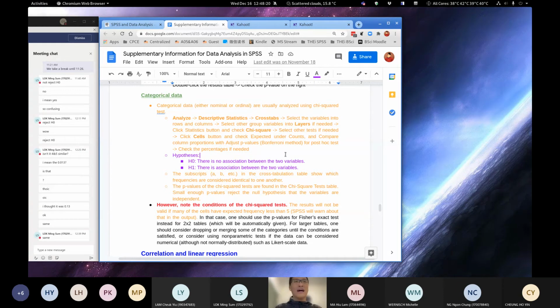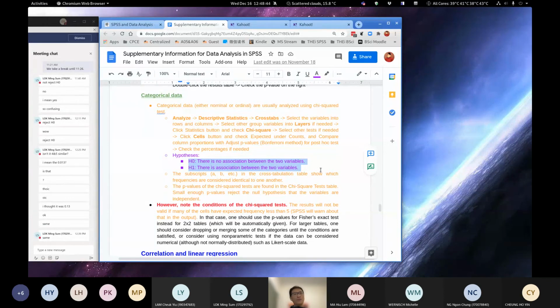So for inferential statistics, again, for categorical data, most of the time we are using the chi-square test. The hypotheses are written here. Null hypothesis: there is no association between the two variables.